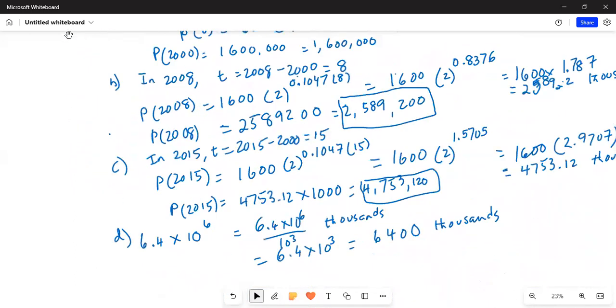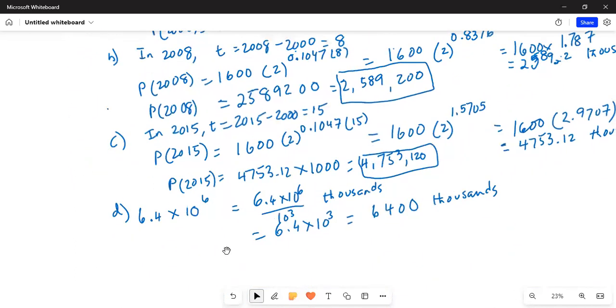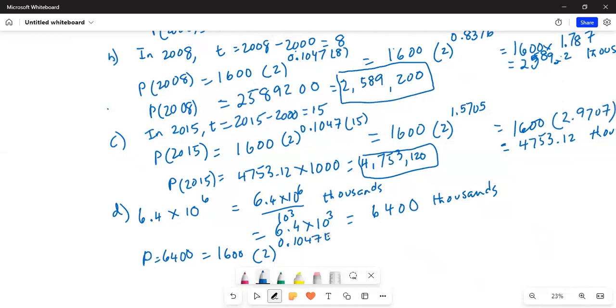Let's write this down. So population is 6400, and that is equal to 1600 times 2 to the exponent 0.1047t.